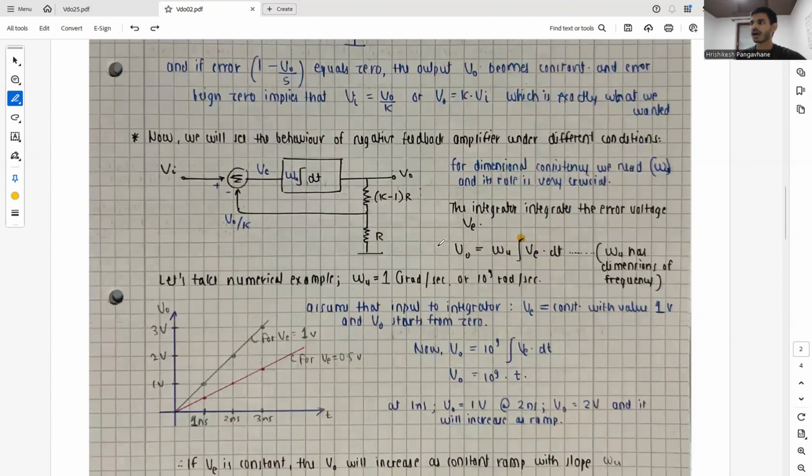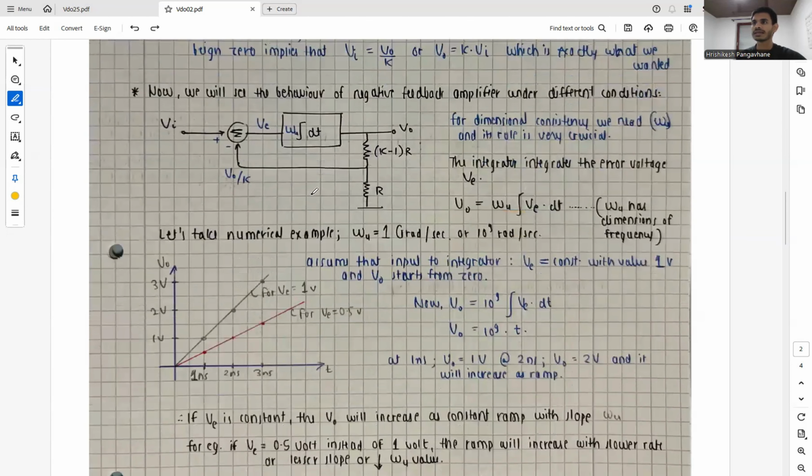After defining this function for our integrator, let's take a numerical example to understand it better. Let's say we have omega u equals 1 gigaradian per second, or 10 to the power 9 radian per second, and assume that the input of the integrator for this example is constant with a value of 1 volt, and V naught starts from 0.